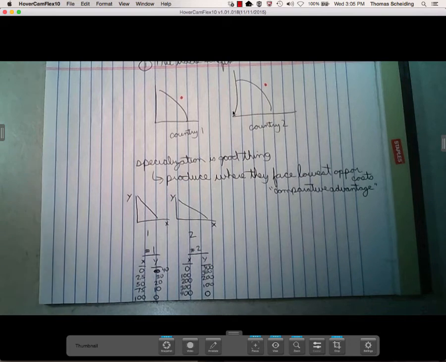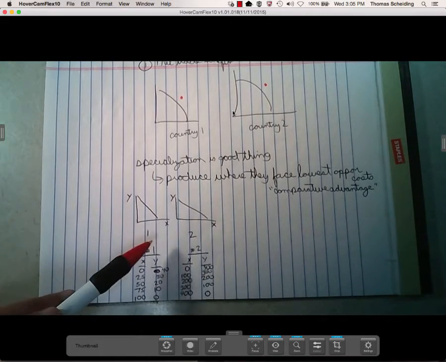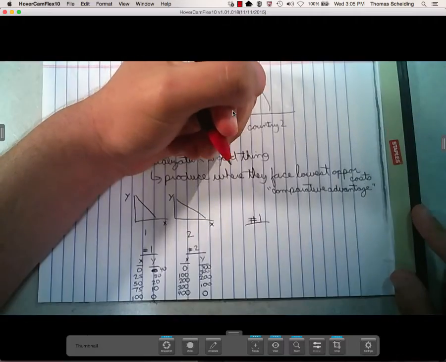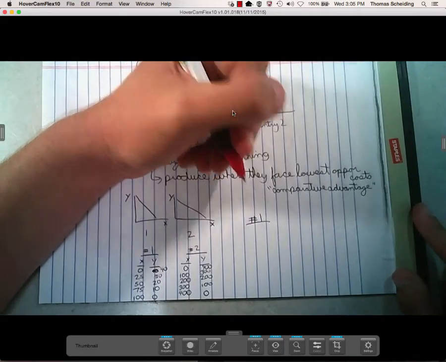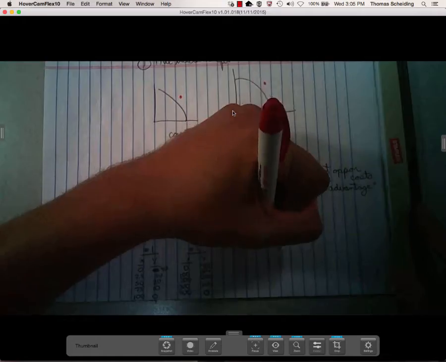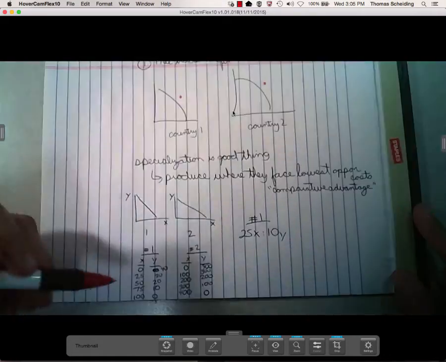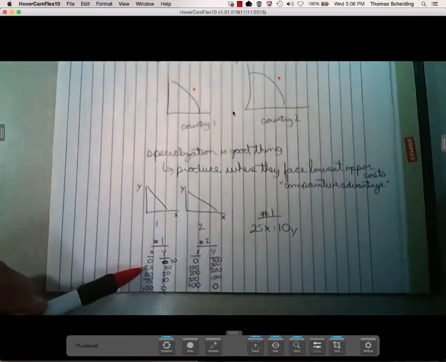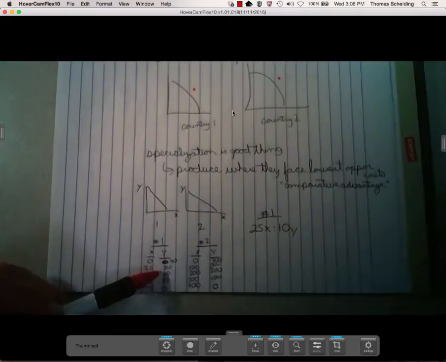Since these are linear production possibility frontiers, the first step is to ask, what is the opportunity cost or the trade-off for each country? For country number 1, the trade-off looks to be 25x for 10y. Every time I move by 25x, I move by 10y.